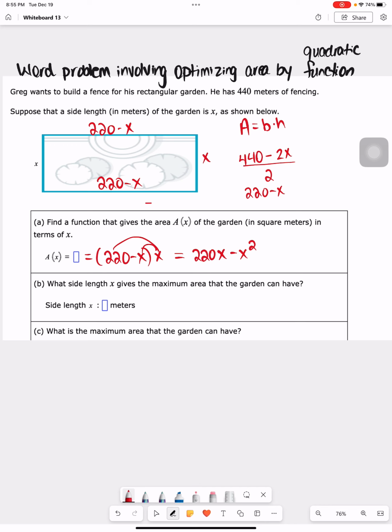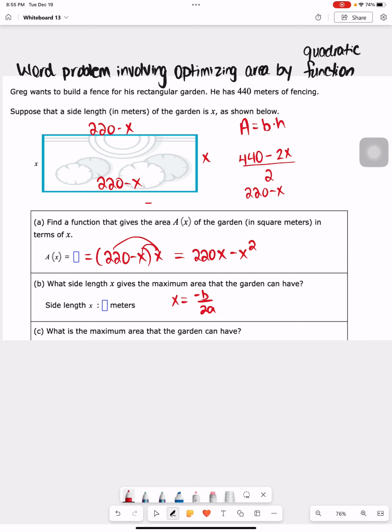There's a number of ways that we can find our vertex using algebra, but what I would use is the formula for our vertex. The equation for my axis of symmetry is the opposite of b over 2a.